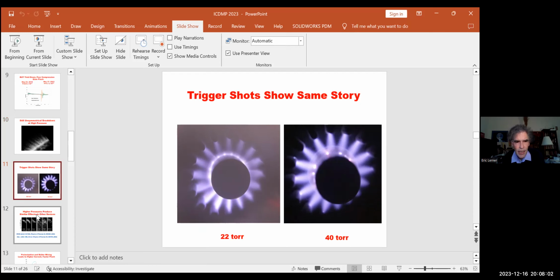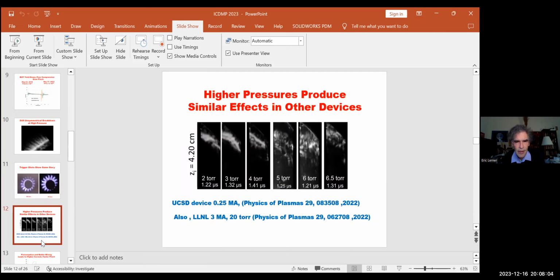And we know that other people, the UCSD device at only 1/4 megaamp, also found as they went to higher pressure, in their case from 2 torr to 6.5 torr, they got very irregular breakdown. And Lawrence Livermore, which got up to 3 megamps, encountered this problem at a lower pressure than ours, at 20 torr.